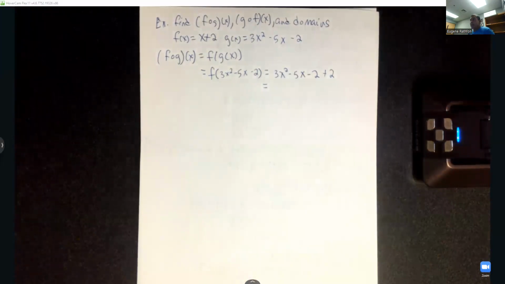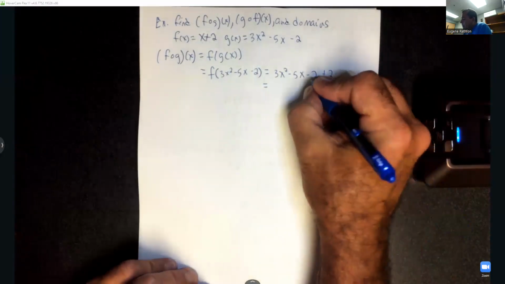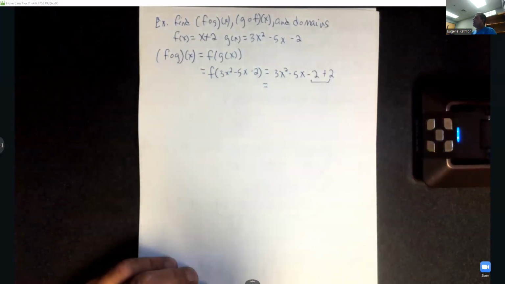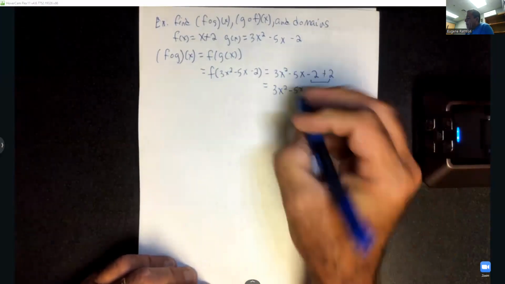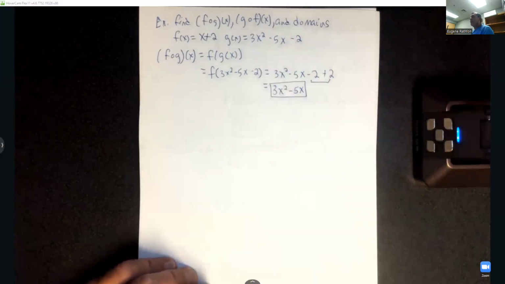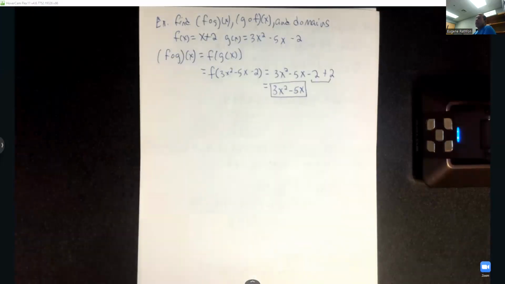All right, can we simplify this? Oh, I was hoping y'all would see one thing, 3x squared, let's see, minus 5x. Perfect, good job, Peter, because once again, them numbers cancel out, and I get 3x squared minus 5x. So usually on these, once you get them substituted, it's just a matter of getting rid of parentheses and then adding like terms.